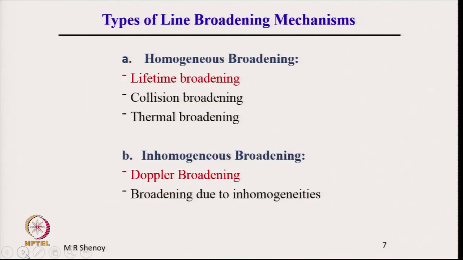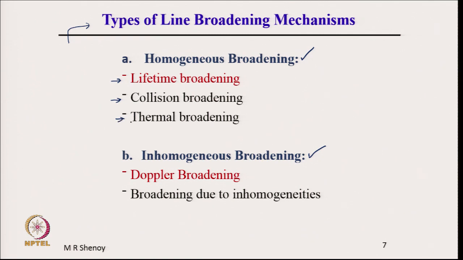Okay, let us now continue with our discussion of the types of line broadening mechanisms. I had discussed what is homogeneous broadening and what is inhomogeneous. Within homogeneous broadening, there are different types that can happen due to different mechanisms. What is shown is lifetime broadening, collision broadening, thermal broadening.